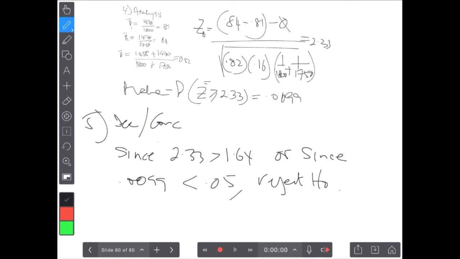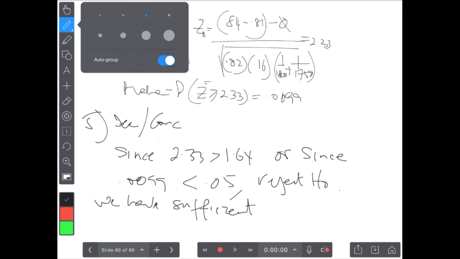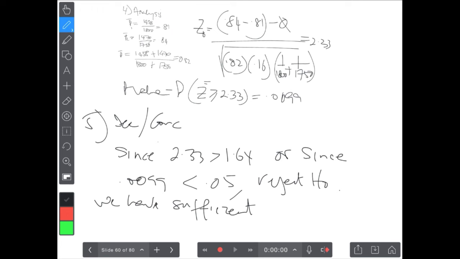What do we conclude? We have sufficient evidence that the occupancy rate has gone up. Essentially, we have a higher level of occupancy over the year, right?